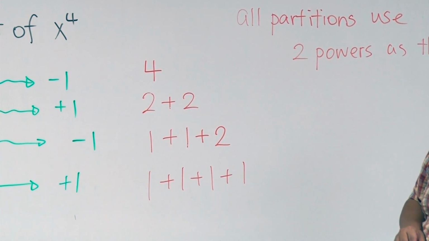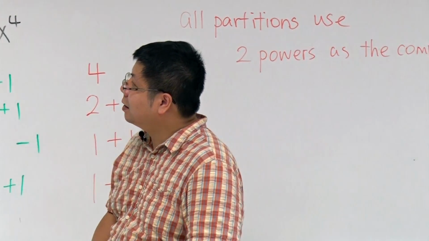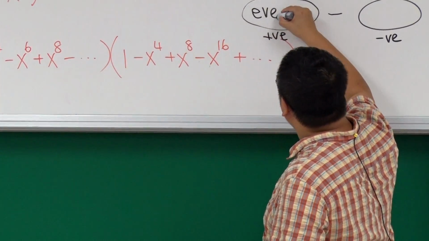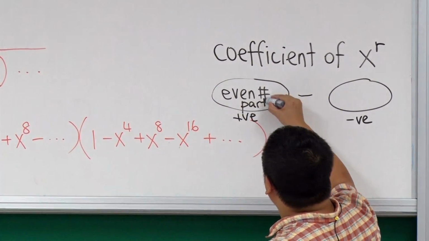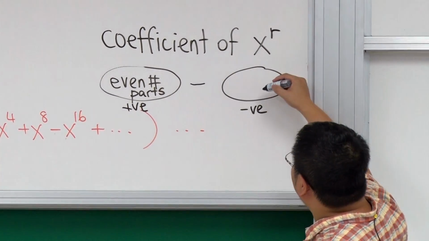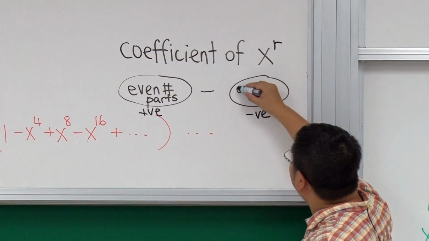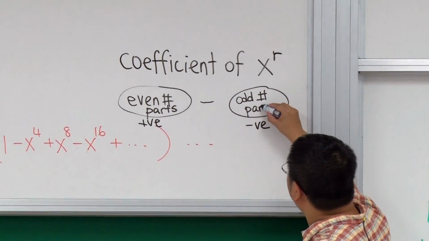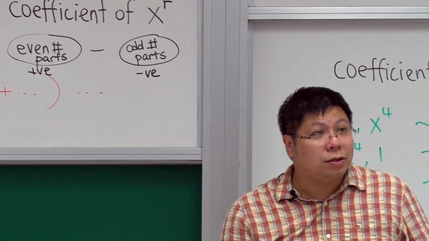Okay, so what does the coefficient mean? So positive is even parts. Right? And then, how do I get a -1? Each -1 corresponds to a particular partition that has an odd number of parts. Is that okay? And then this corresponds to what?